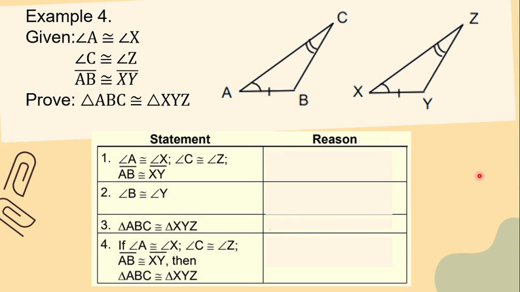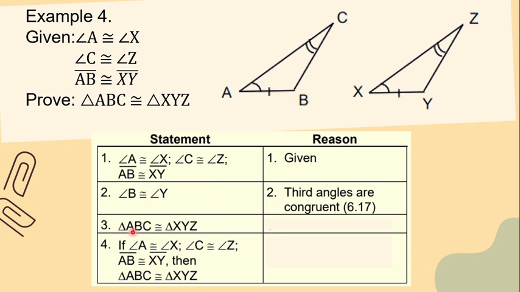So, ito yung proving. We have here given angle A is congruent to angle X, angle C is congruent to angle Z, side AB is congruent to side XY. Prove the triangle ABC is congruent to triangle XYZ. For statement number 1, it is from the given. Angle B and angle Y, that is from third angles are congruent, kasi congruent na yung dalawang angle natin. So, obviously, yung pangatlong angles congruent na din.